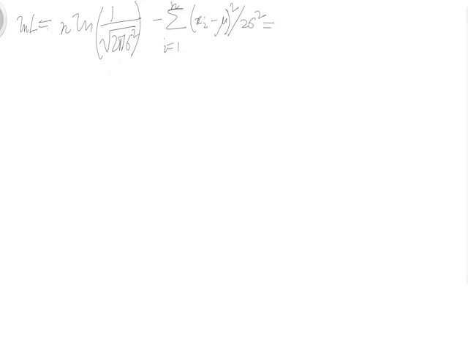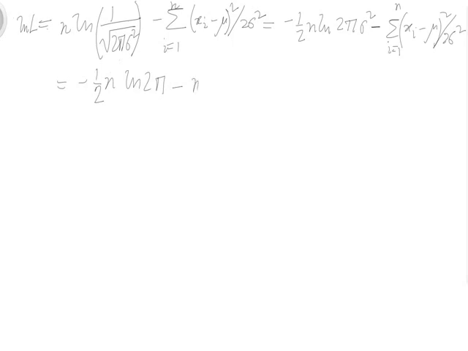Again we write our log likelihood expression, which is n times log base e of 1 over square root of 2 pi sigma square, minus summation i from 1 to n of (xi minus mu) whole square over 2 sigma square, and which can be further simplified to separate out the constant terms that don't have anything to do with finding the maximum of this log likelihood function.